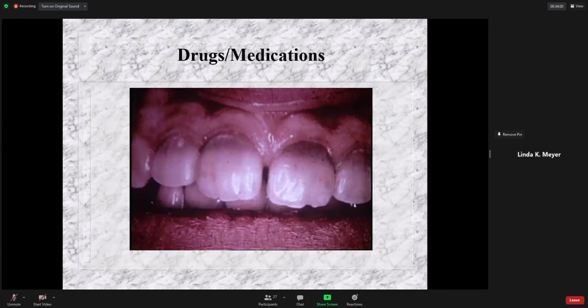And just ingesting tetracycline during tooth development is classified as an injurious stimulus. This is where the tetracycline was taken up in the dentin and can be seen through the enamel.